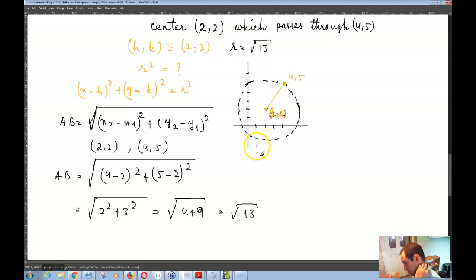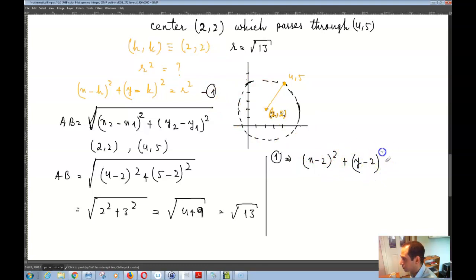So now you can write the equation of the circle. Based on equation 1, you have x minus h, which is x minus 2 whole squared, plus y minus k, so y minus 2 whole squared, is equal to r squared, which is square root of 13 squared, which is 13.